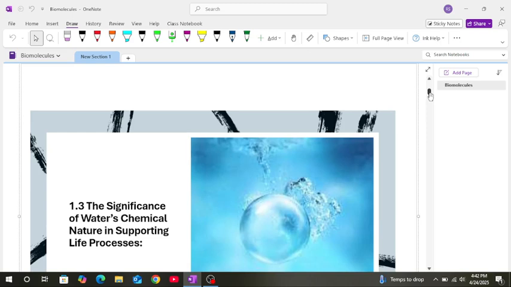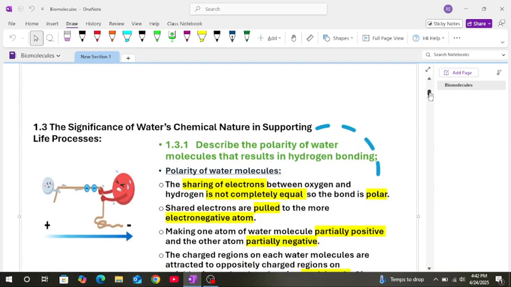And now we will understand the concept of water: why is water important in our body, and what are its specific mechanisms which help in the sustainability of living organisms, and what basic life processes occur.